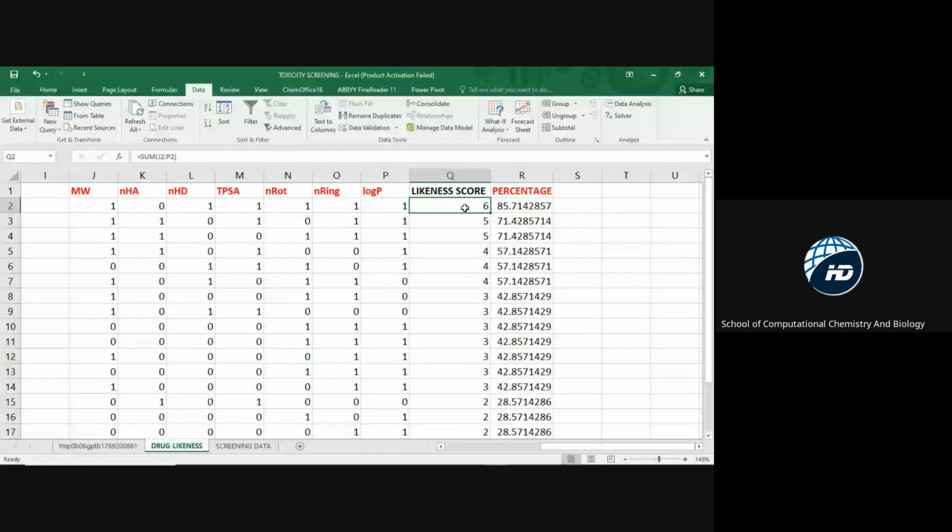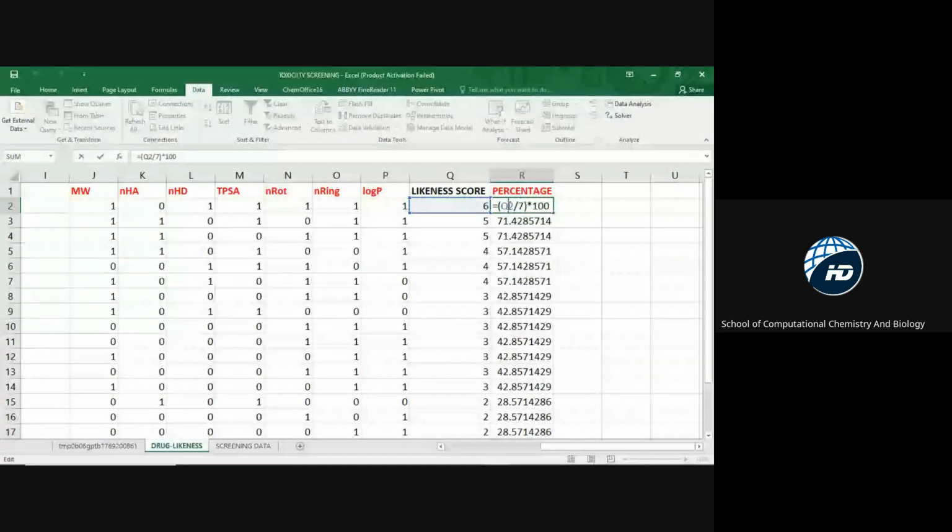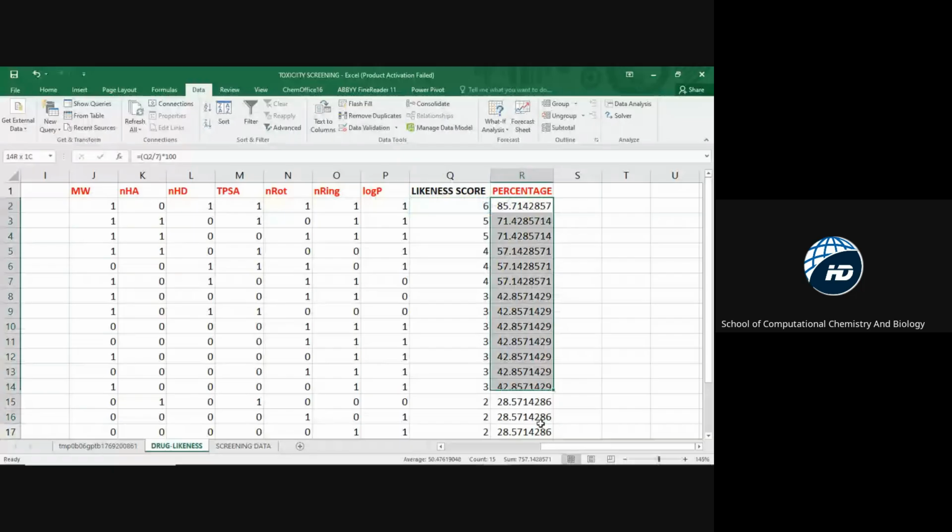Just click on the column, on the first column, then it will understand for the others. The likeness score column, let me do that again.